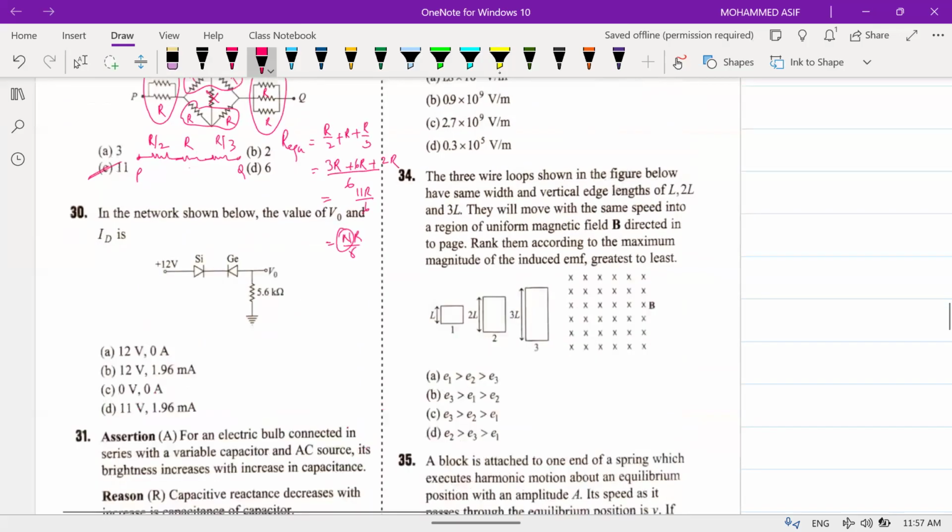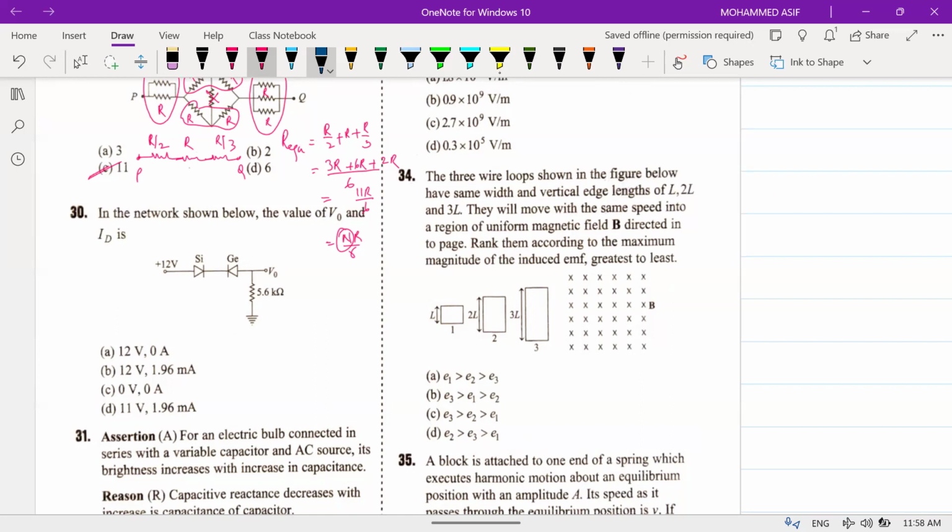Sure. Question number 30, again, a very good question. Can anyone try it? In the network shown below, the value of V naught and I_D will be equal to how much? That means the current through the diode. Anyone?